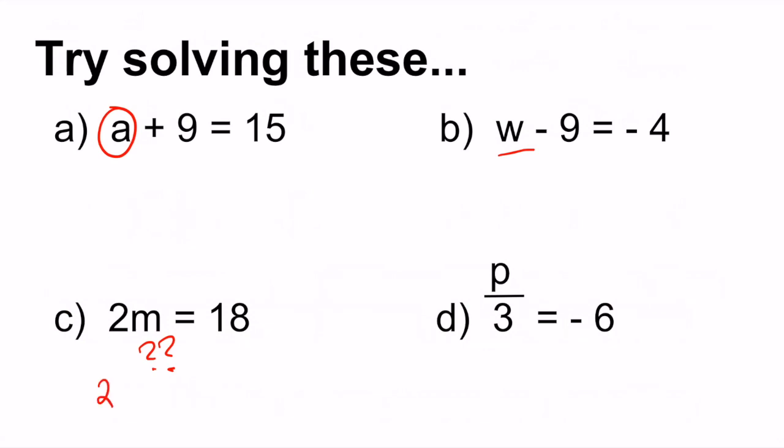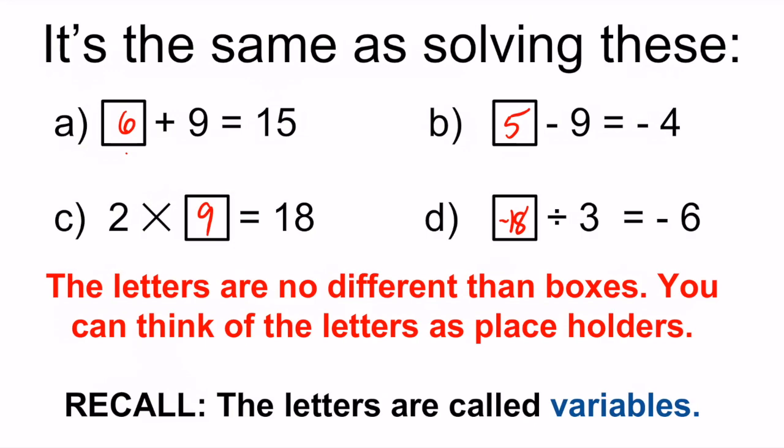2m really is 2 times m. Remember, when we're doing multiplication, a 2 attached to a letter is just a multiply. This is the same as 2 times some box named m. So, spoiler alert, if I were to actually name these boxes A and W and M and P, we actually just have the same thing as before. Mind blown. I know.